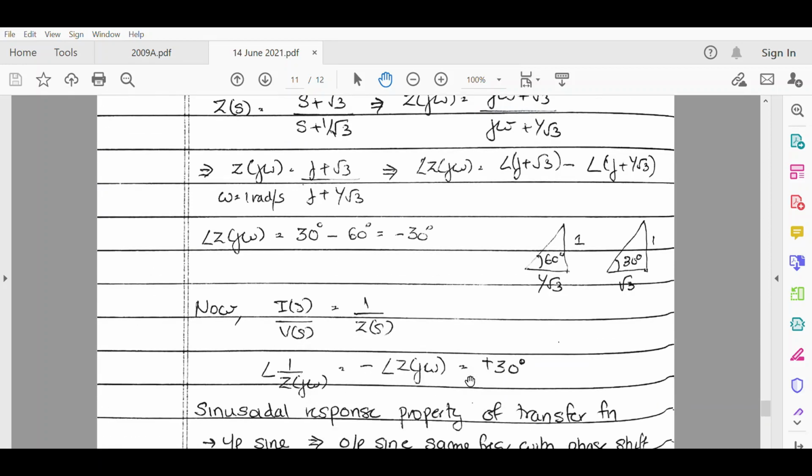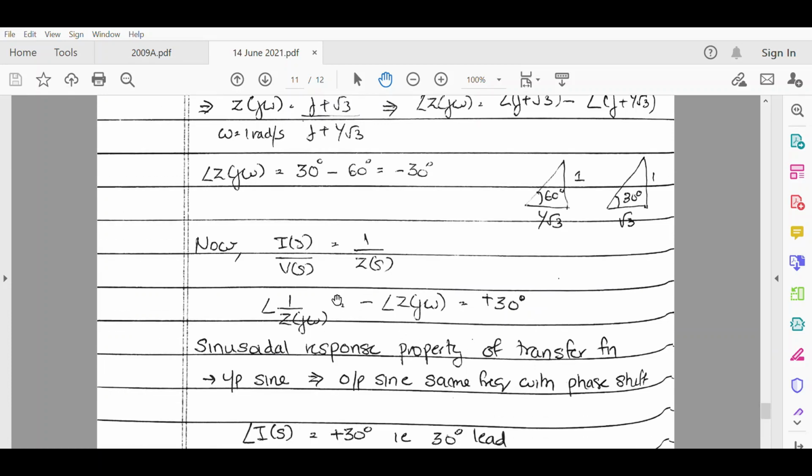Now the network function has been defined as Z of s equal to V of s divided by I of s. Now it follows that I of s divided by V of s is equal to the reciprocal of Z of s. Now the angle of the reciprocal of Z of j omega would be nothing but the negative of the angle, and that would mean it is plus 30 degrees.